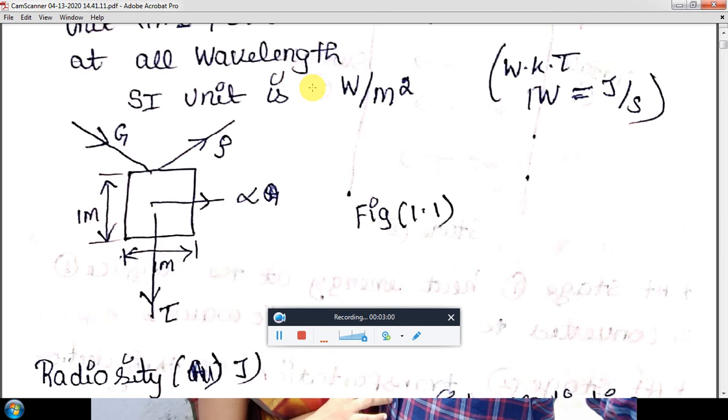Some part of the irradiation is reflected by the surface, called rho, the reflectivity, and some part is transmitted through the surface or body, called tau. So alpha is called absorptivity, rho is called reflectivity, and tau is called transmittivity.